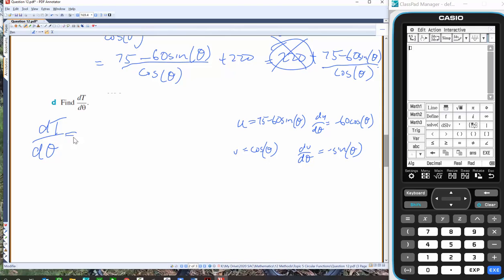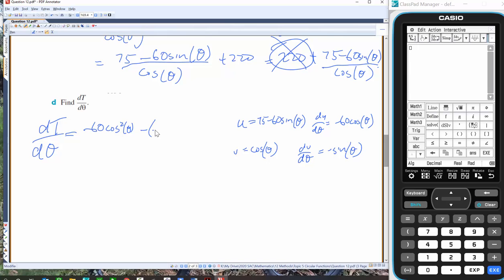Okay, and so what we're going to do is use the quotient rule on that, which is v du/dx take u dv/dx over v squared. Now, v du/dx, so we're going to multiply those, which is going to be negative 60 cosine θ all squared, take away that multiplied by that.